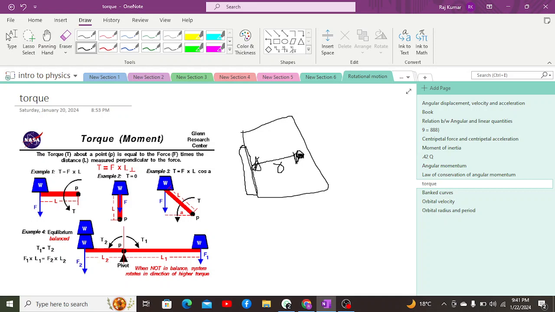I am calling it r, and that distance r which is perpendicular to the axis of rotation of the door is known as the moment arm. And greater the moment arm, greater will be the torque. Greater the force applied, greater will be the torque.